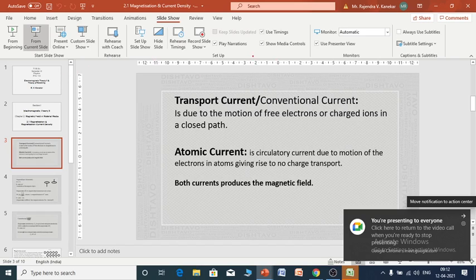So the current flowing into this area of the loop, that is called the magnetic moment. In vector form it is like this. Magnetic dipole moment is a physical quantity and it depends upon the current. More current means more magnetic moment. More area means more magnetic moment. And the SI unit of that is ampere meter square. Current is ampere, area is meter square.